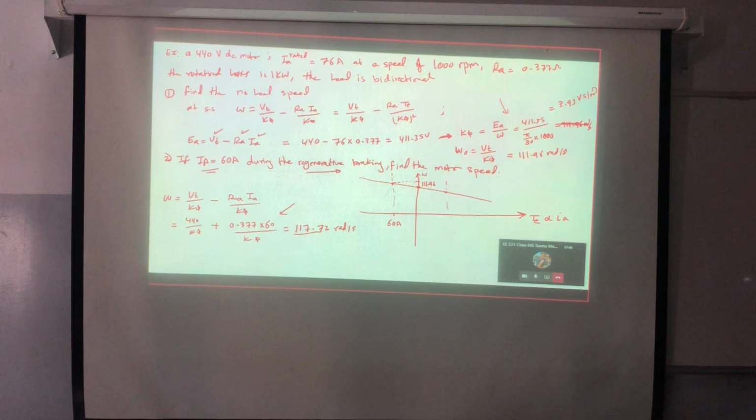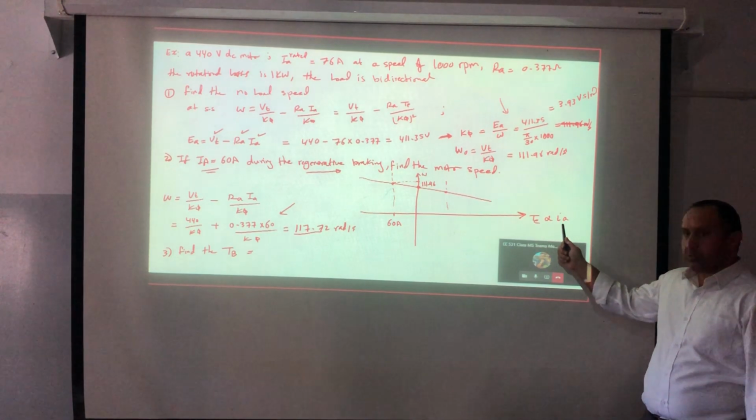Okay, I need to calculate the braking torque during regenerating. Find the TB. What's TB?